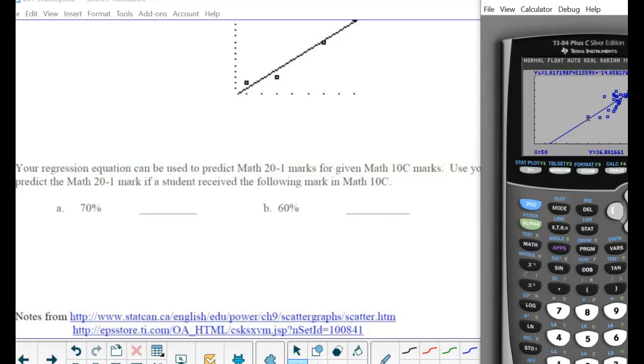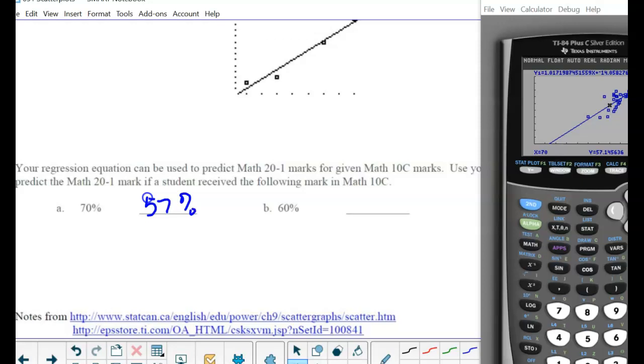Notice how it shows the equation, but with a whole bunch of decimal places. That's the equation without rounding. So we want to find 70, so just punch in 70 for x, enter, and it will go to the line of best fit, 57.